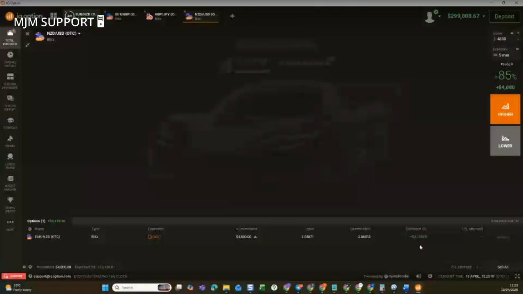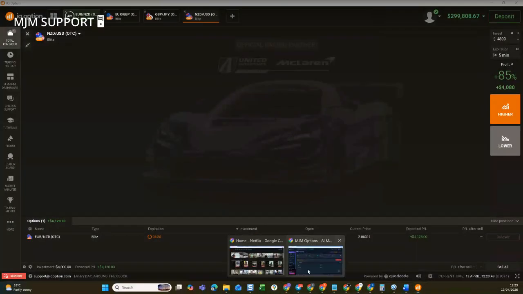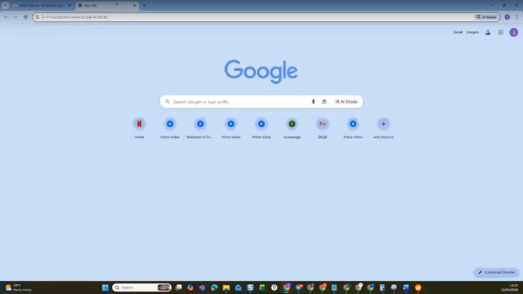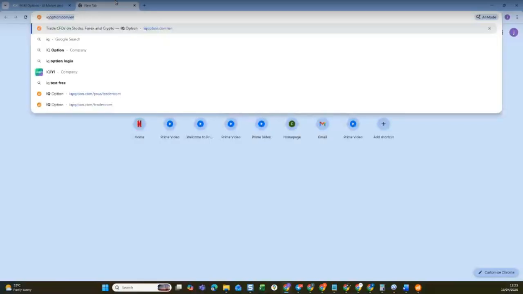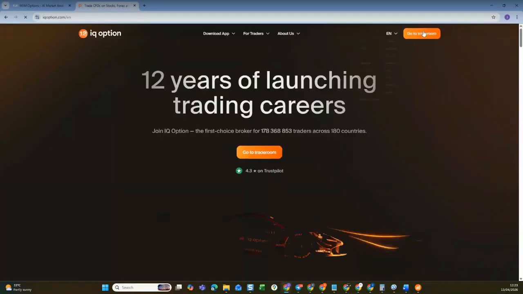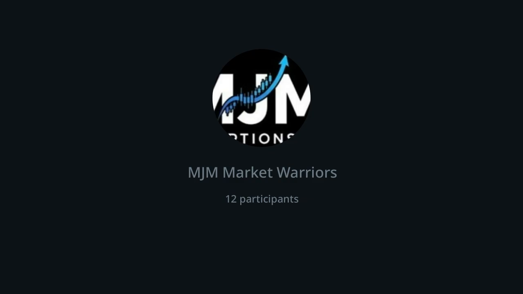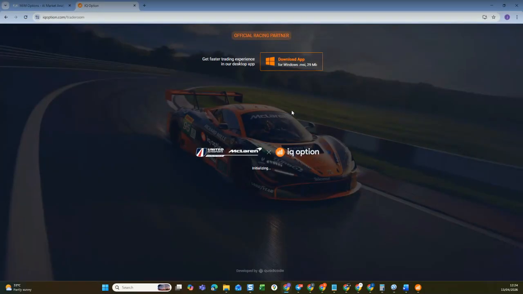Let me check the web. NZUSD. I've made a mistake. Very big mistake. IQ Option. A very big mistake has been made, which I would have to accept my losses like that.